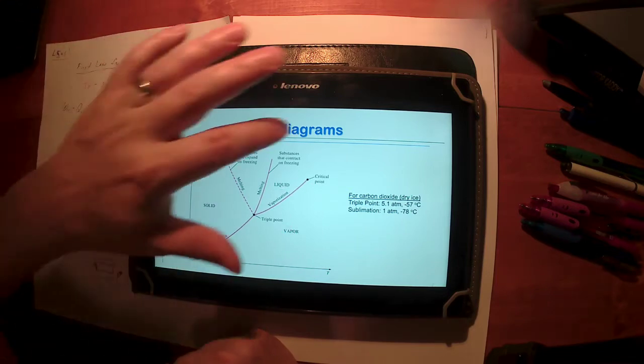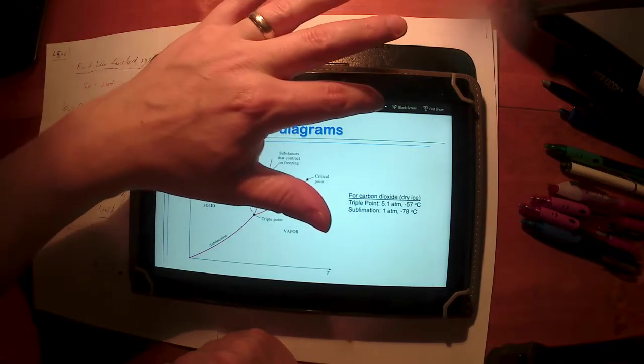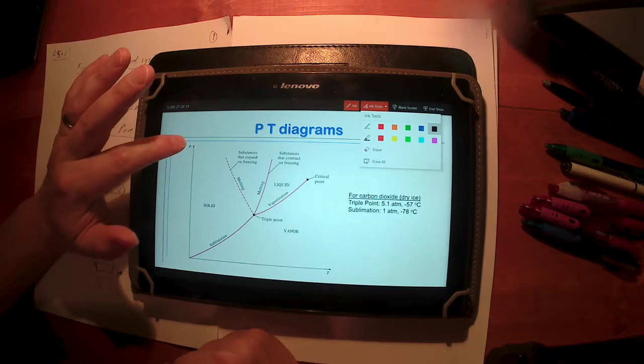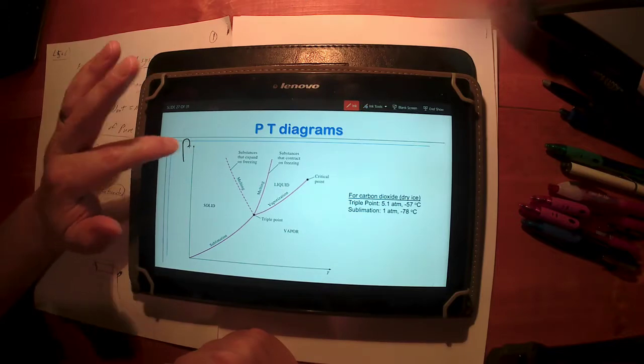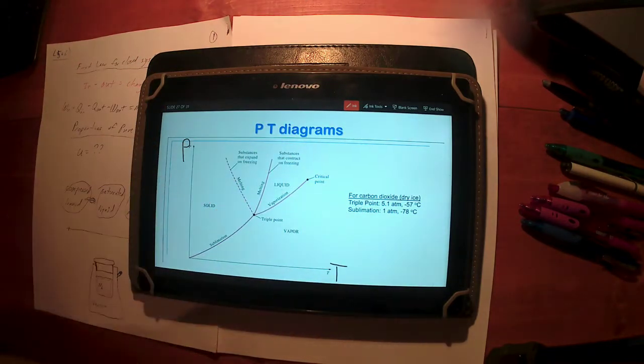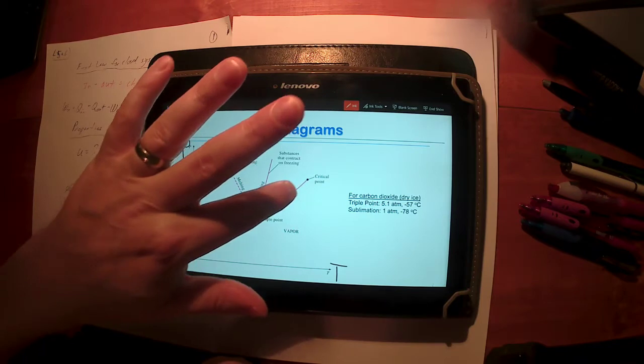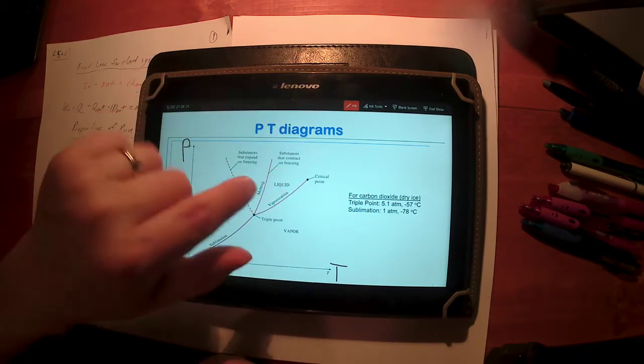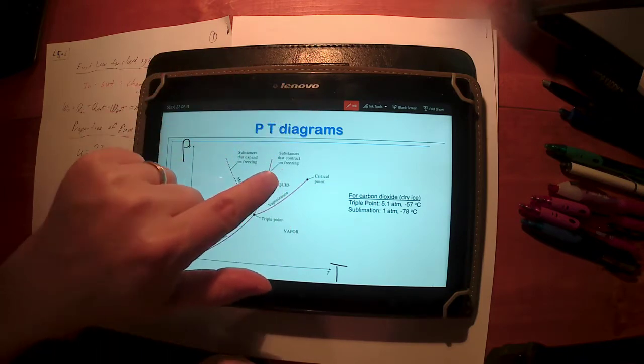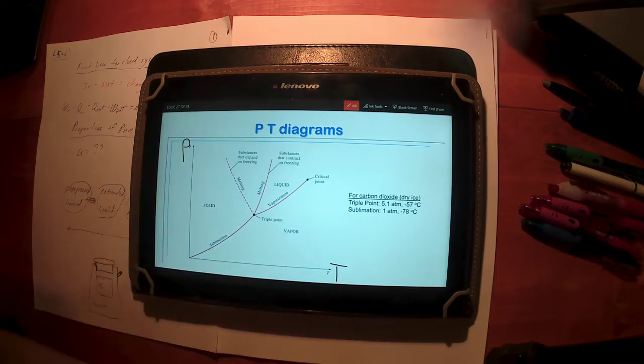So again, here we're going to look at what we call the PT diagram. That is pressure over here, temperature down there. And so we're viewing now the edge. So this is the saturation dome, the vaporization dome, the division between the liquid region and the vapor region.